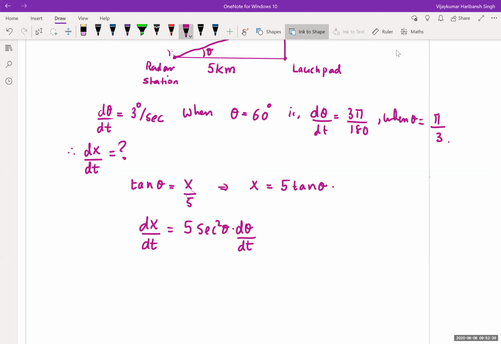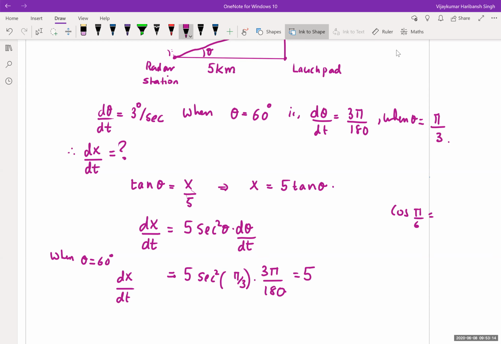So we need to find dx by dt. Therefore, when theta equals 60 degrees, dx by dt is going to be 5 secant squared of pi by 3 times d theta by dt, which is 3 pi over 180. Now cos of pi by 3 is 1 by 2, and secant is 1 over cos.